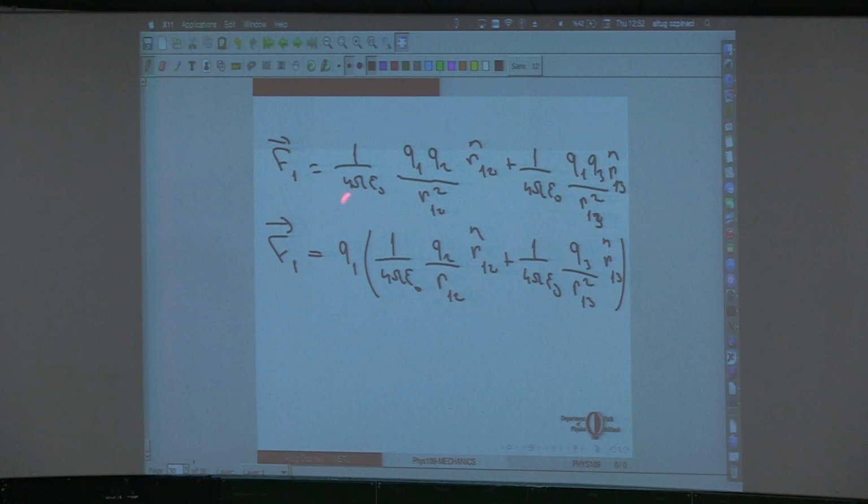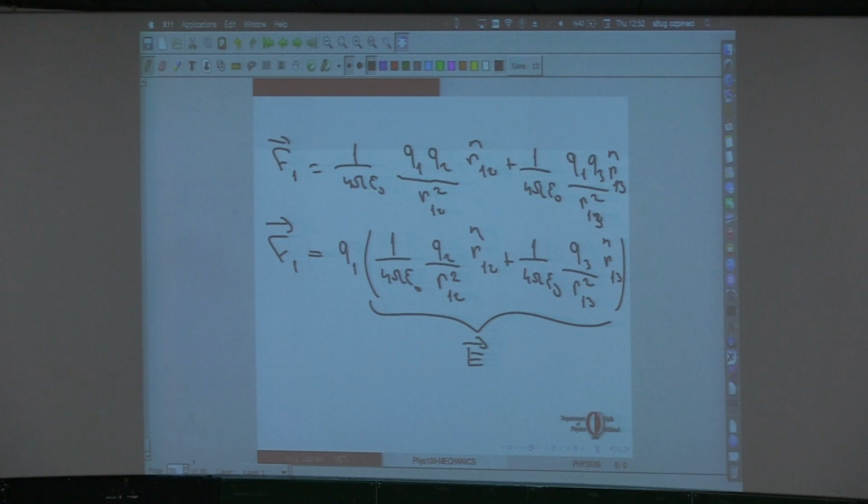Now, this quantity is related to the other charges of your system. And this quantity is what we call the electric field.